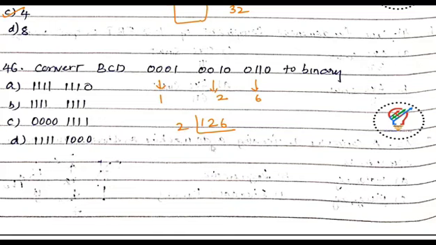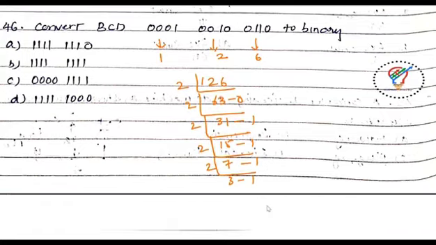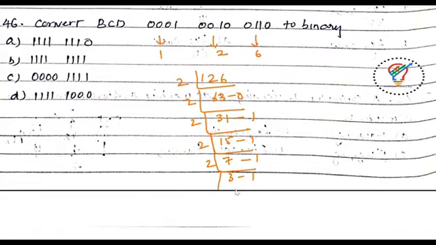So 2 into 63, remainder 0. 31, remainder will be 1, and 2 into 15, remainder will be 1, and 2 into 7, remainder will be 1. So 2 into 3, remainder will be 1, and like that if you keep doing, then again you will have 1 here.